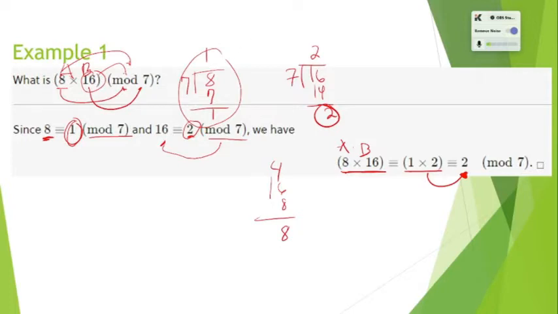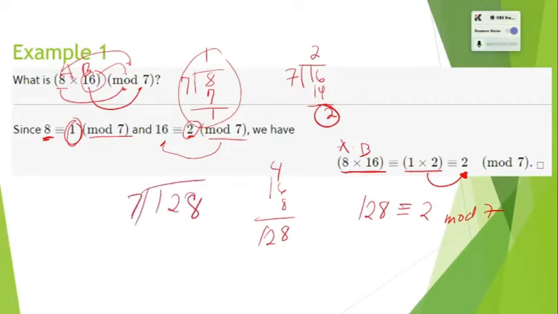That is 12. So, 128. So, that is 128, identical to 2 mod 7. So, let's check now. If we divide 128 by 7, that is 1. So, this is 5. So, bring down 8.